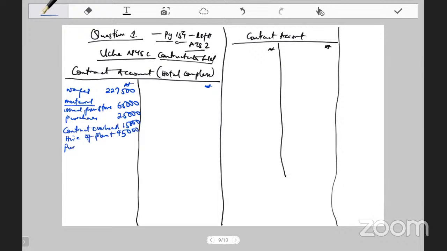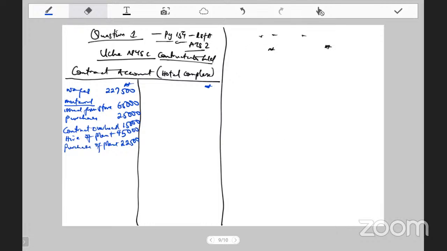Plant purchased on 3rd of January, 22,500. So what is the next item that I have? None. So these are all the expenses I incurred for that year. You can see I might not even need this ledger. I've just written it so that I will not have issues.